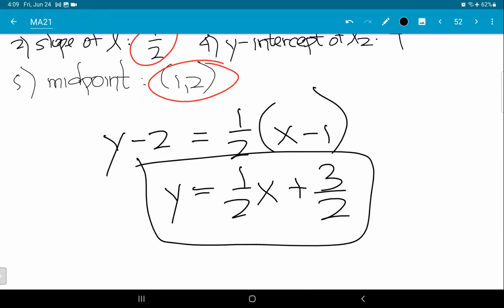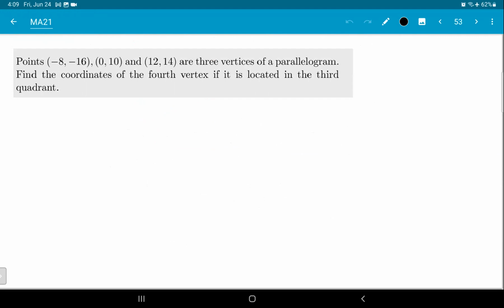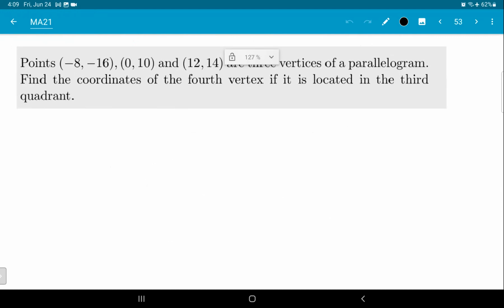So next, let me discuss this one. Right. So read muna tayo, no? Points -8, -16, 0, 10, 12, 14 are three vertices of a parallelogram. Find the coordinates of the fourth vertex if it is located in the third quadrant.